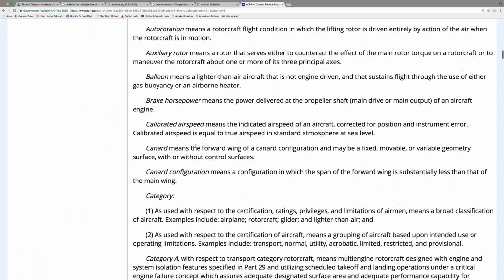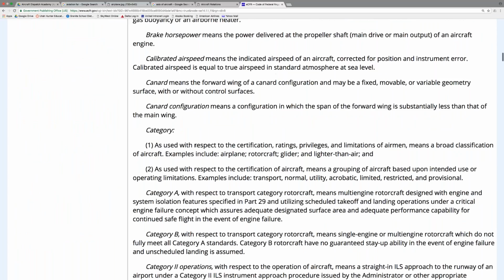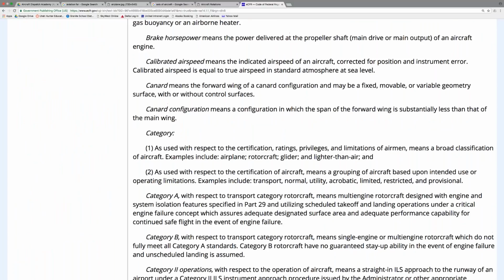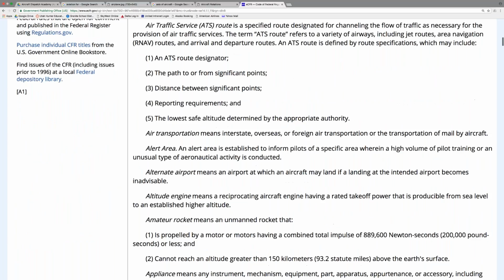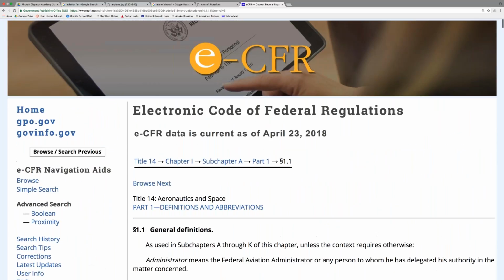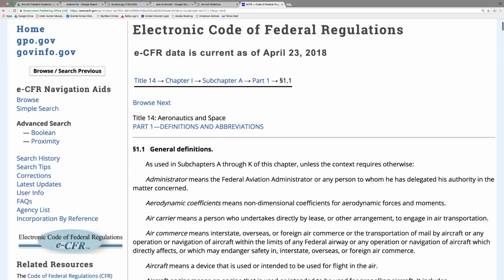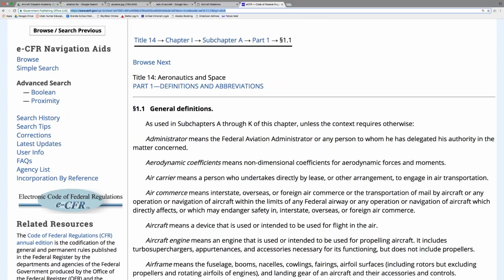So you can go into this definitions area, and you can look at all these different definitions if there's something that you don't understand. So this is kind of important, just to get you guys up to speed if you don't have very much aviation background.